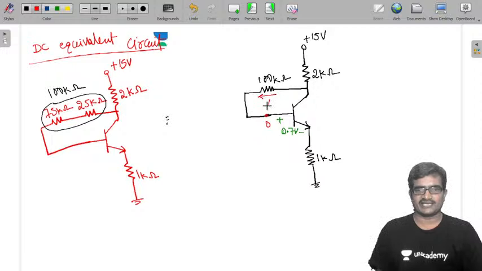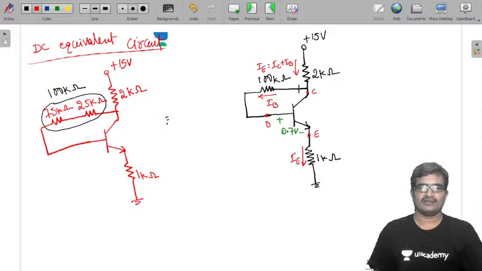Now this is base current IB. This is connected to the emitter terminal, so this current is IE. This is your collector, not this. It is your collector. This is IC. Now it is IC plus IB, so you can take it as emitter current.